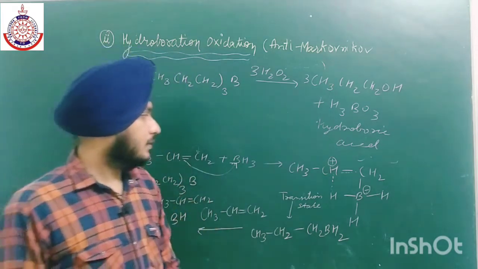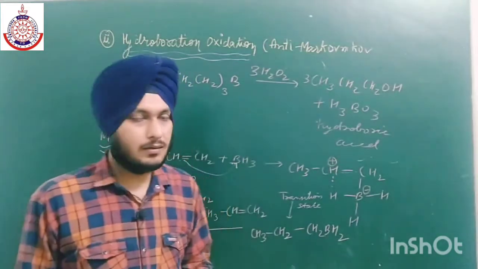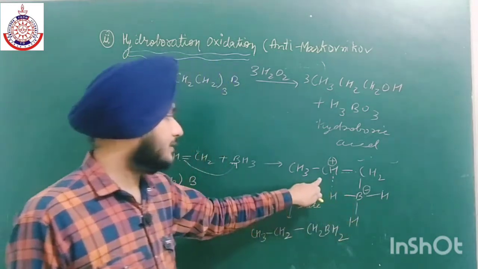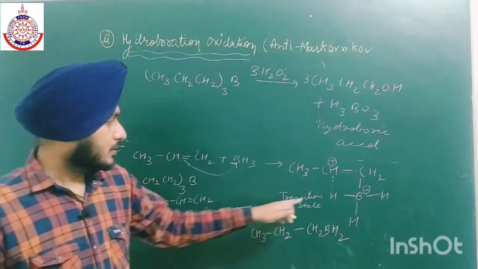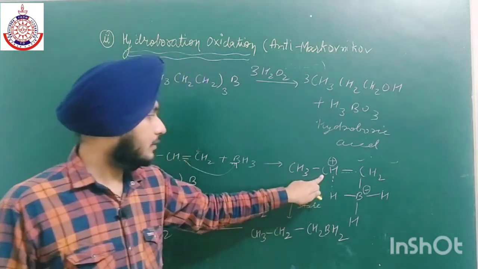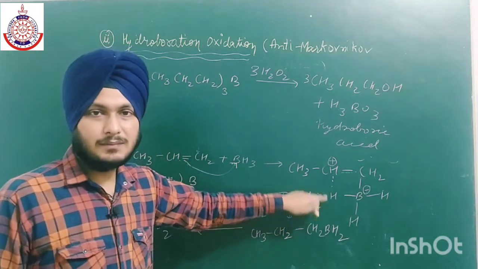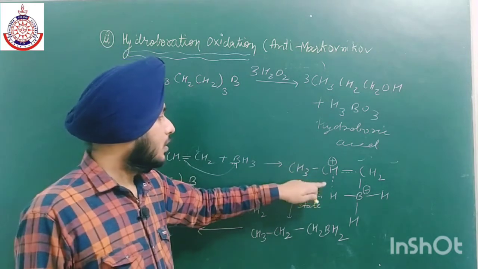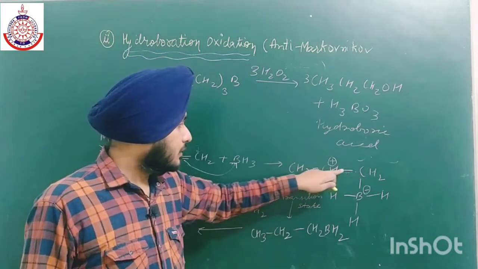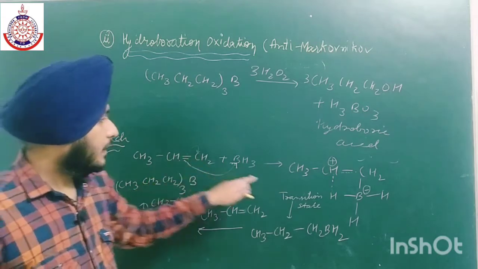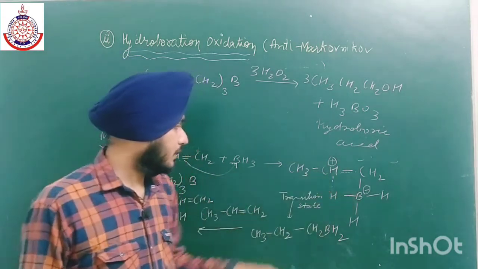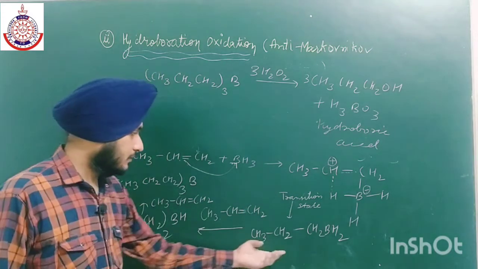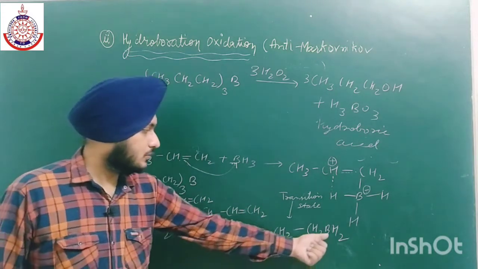Because 2 degree is more stable, the boron will not attach to the second carbon, otherwise a 1 degree carbocation would generate. Now this hydrogen will start making a bond with this carbon atom, and this double bond will start cleaving. This is the transition state, a 4-membered ring, and this will form CH3CH2CH2BH2.